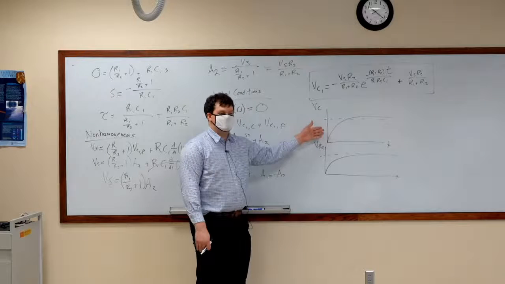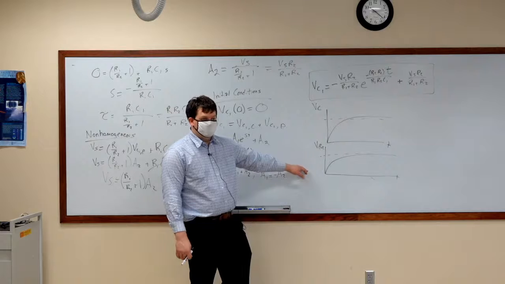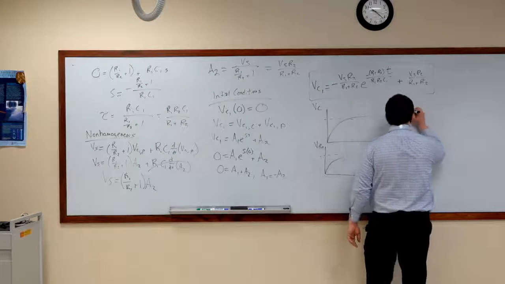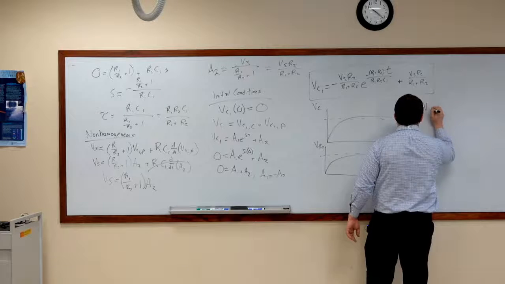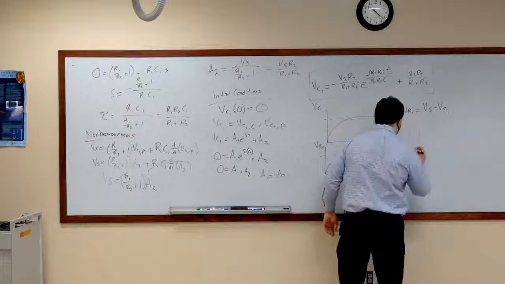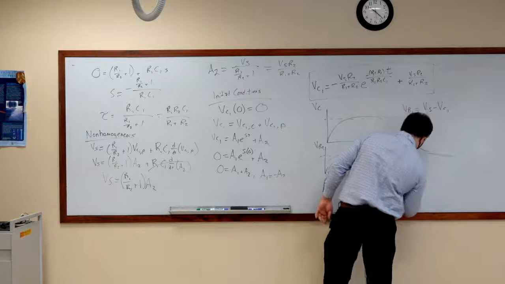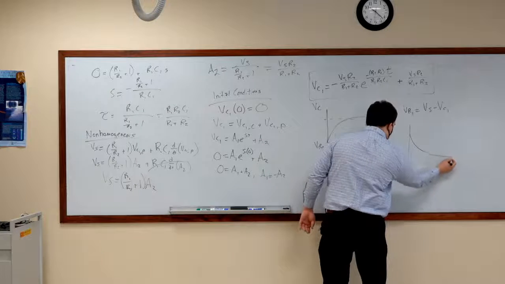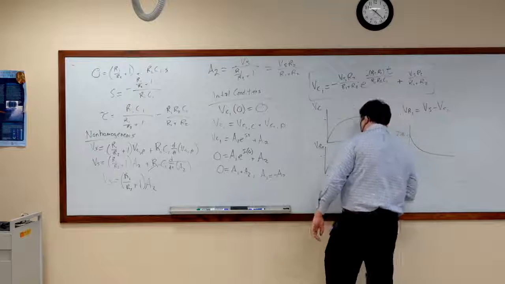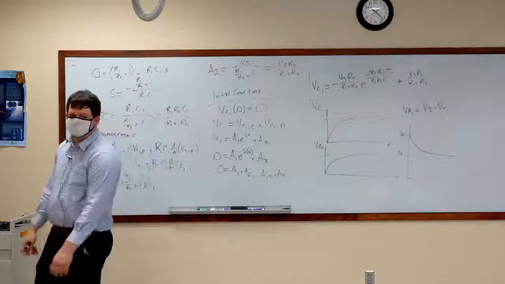They're not even scalar differences. These are identical values. But that also means that VR1 is going to be equal to Vs minus Vc1, which means that VR1 is going to be like this, where it starts at 20 and ends at 14 or 13. That's what VR1 looks like.